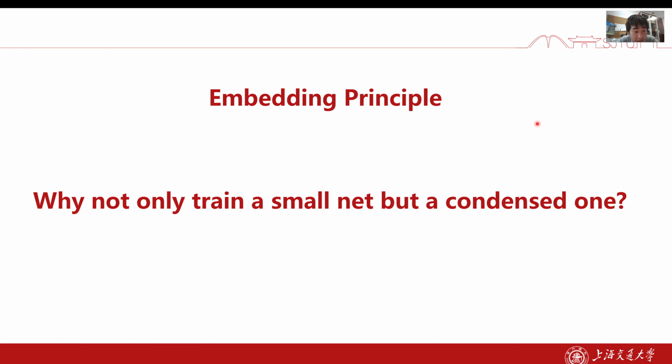Definitely, we cannot answer this question completely. Why not train a smaller neural network, rather than a large condensed one? Consider this: we have limited computing resources. If we train a very large one, it seems we will waste a lot of computation resources.